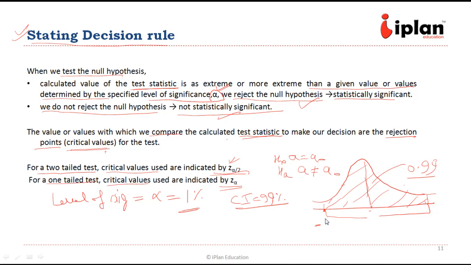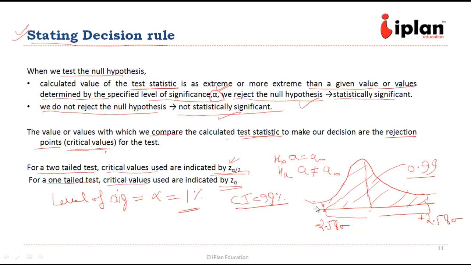We can find out that these points are minus 2.58 sigma and plus 2.58 sigma. This is for the 99% confidence interval.